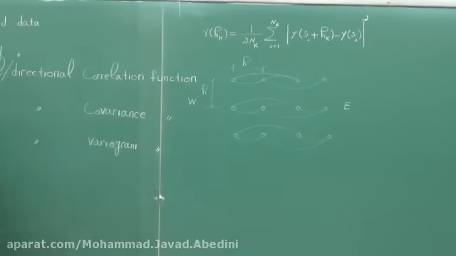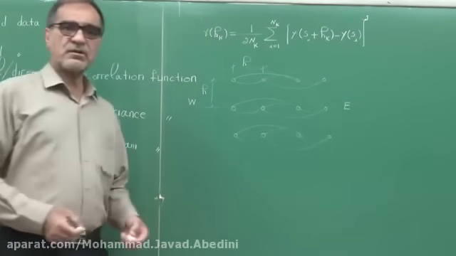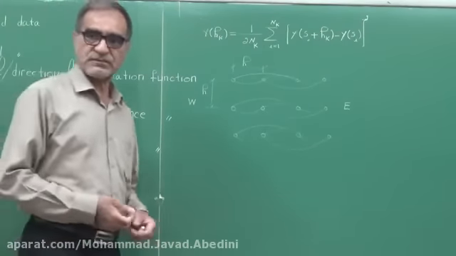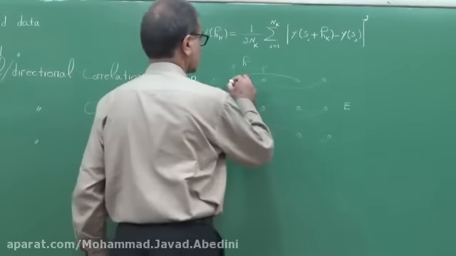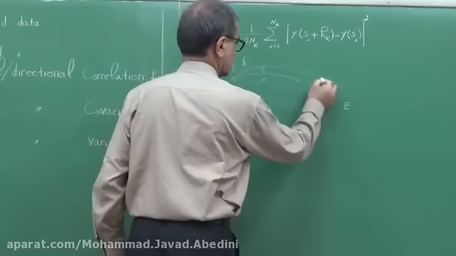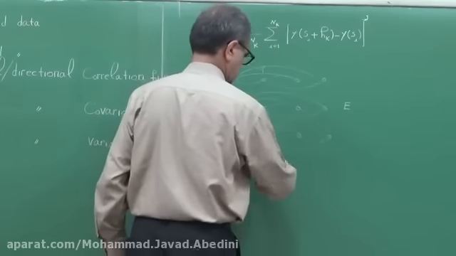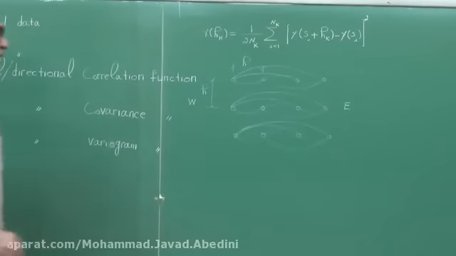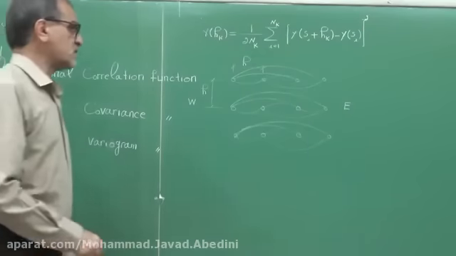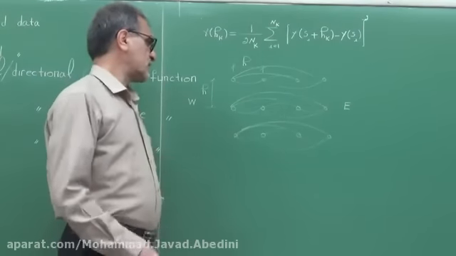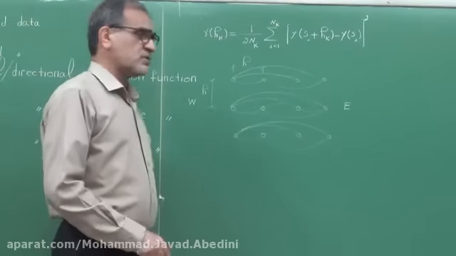If you keep going, use a different color and talk about pairs whose separation distance is 3h. You could realize that if you fix your separation distance to be 3h and they are aligned in east-west direction, then you are going to have 3 pairs.